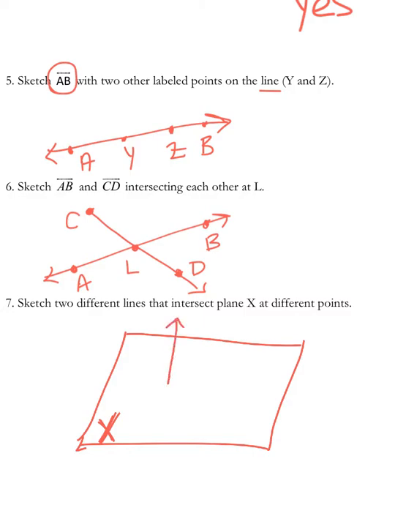So that's where we get the dotted line. So there's one, and it intersects it at that point. Here's another one. And there's 2 different lines. It doesn't say to name the lines, so we don't have to. You can if you wanted to. But the dotted line is what's behind the plane, and we can't quite see it.